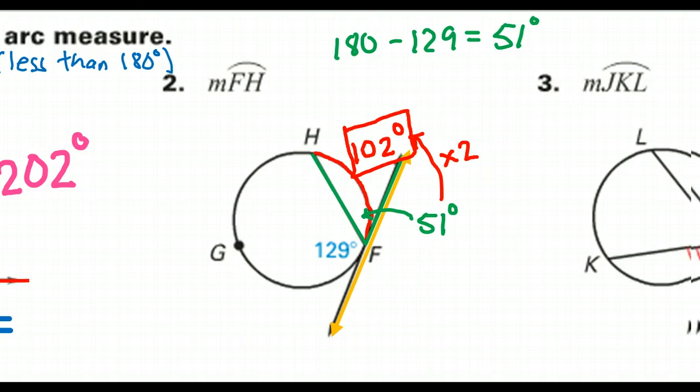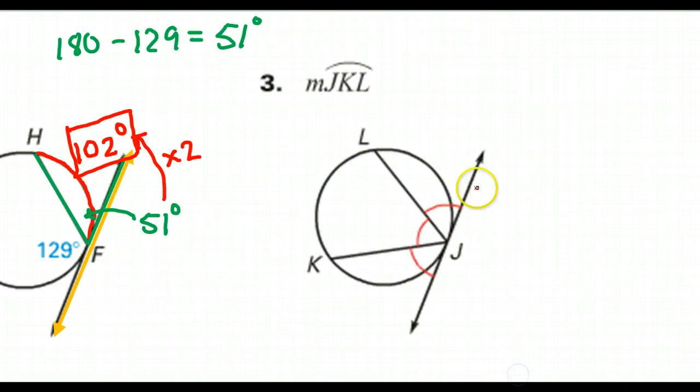Okay, moving on to number 3. Remember what I did before with that orange line over there. Here again, this line represents a total of 180 degrees, just like I could draw a semicircle right here. So that means that these 3 angles have to add up to 180 degrees. And you can see by these red markings that they are all congruent.